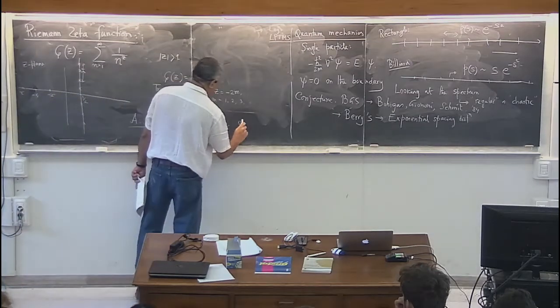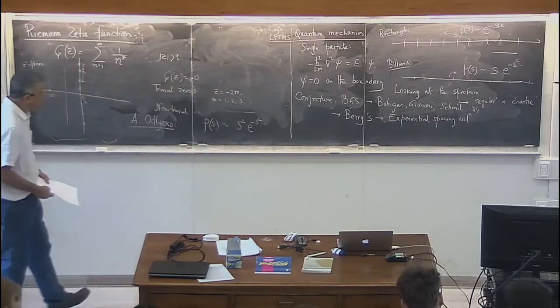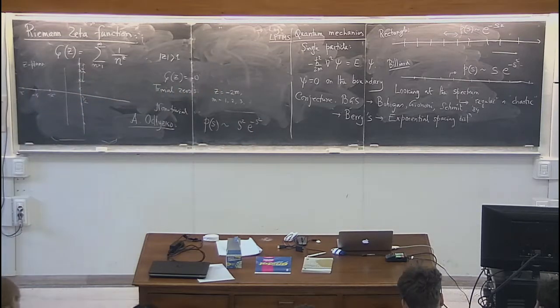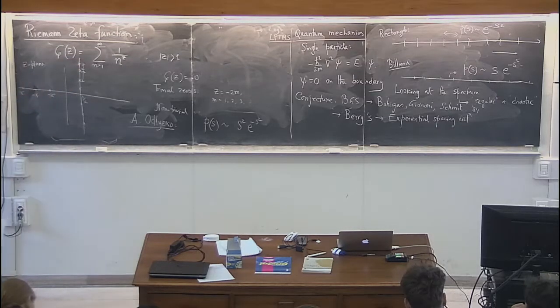this behaves like the spacing distribution for a complex Hermitian random matrix. We'll see that later. It's as if these zeros behave like the eigenvalues of a complex Hermitian matrix.